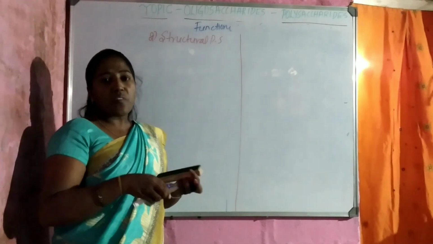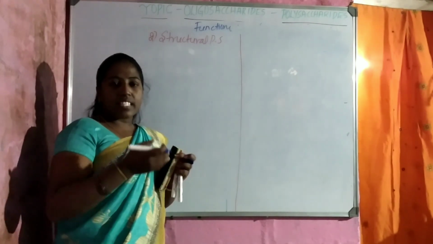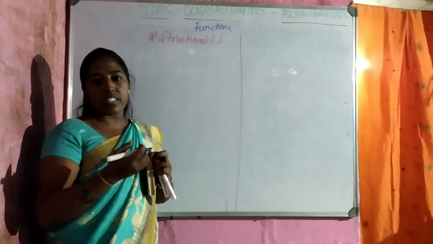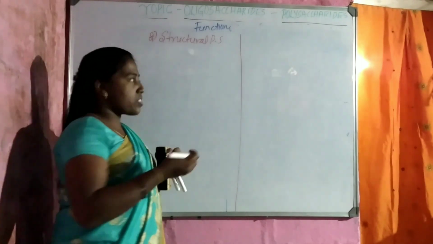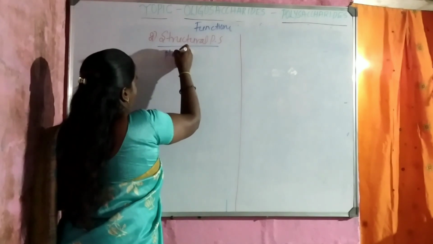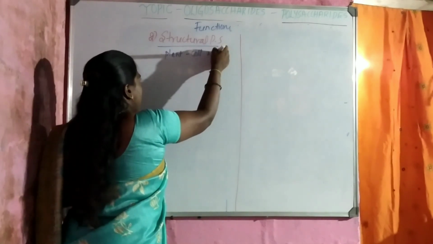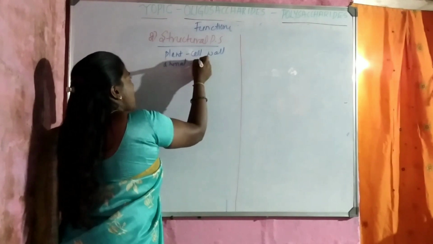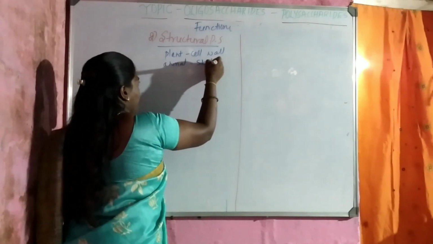In the case of plant cells, it forms the cell wall. In the case of animal cells, it forms the skeleton tissue. So in plants it forms what? Cell wall. In animals, it can form skeleton tissue.